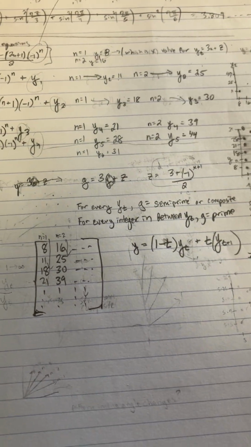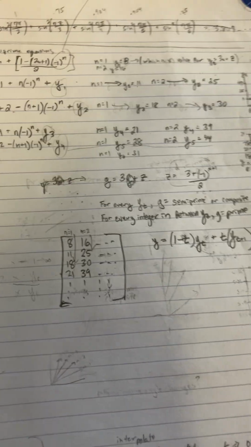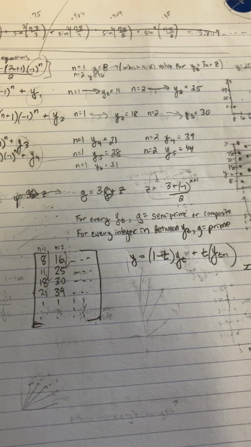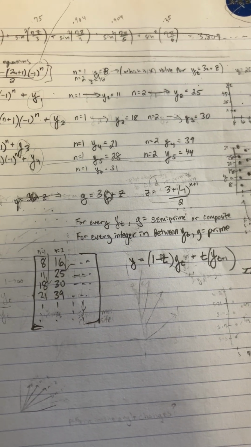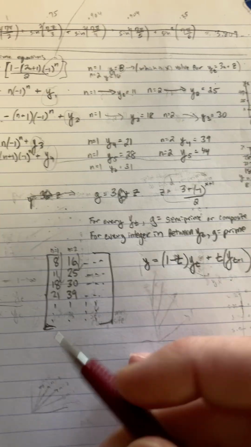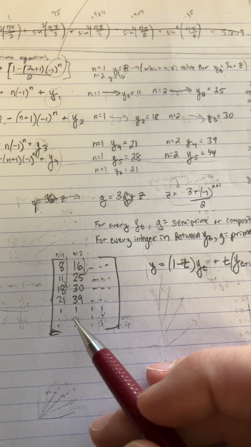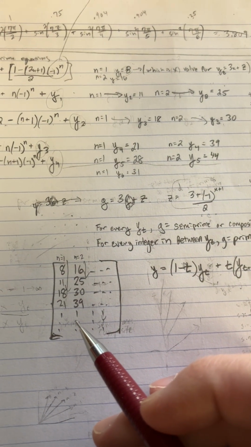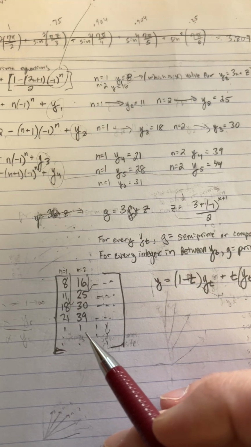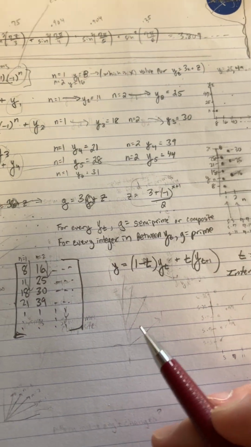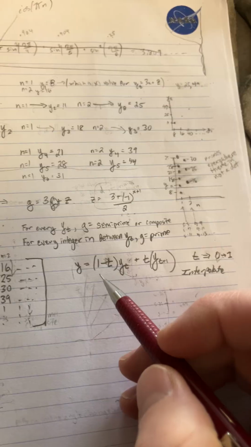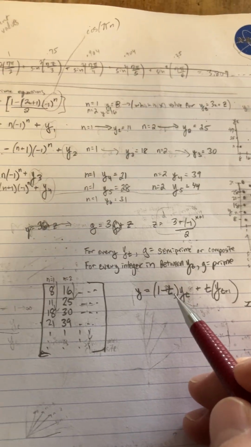Now, what's important here is that you can then get all the prime values by exclusion. So wherever the semi-primes and composites are not is where there's a prime value. You can actually get that through interpolation if you wanted to.